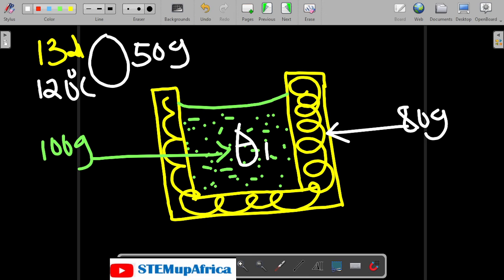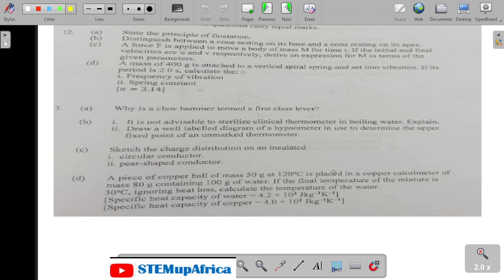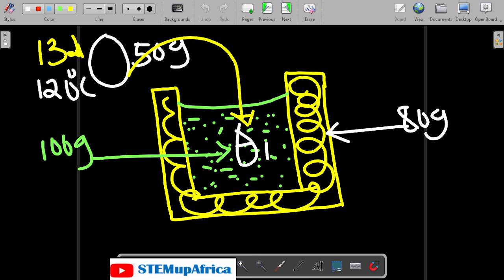If you put this high temperature into this water, the temperature of this water will increase, and that is the temperature of the mixture now, 30 degrees Celsius.